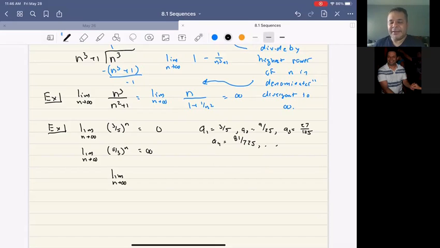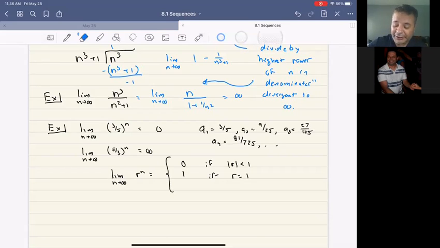The limit as n goes to infinity of r to the n is actually several cases. It's 0 if the absolute value of r is less than 1. It's 1 if r equals 1.